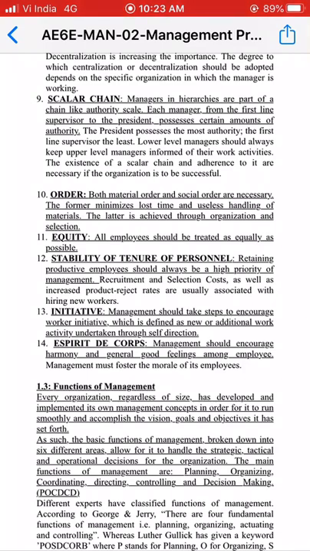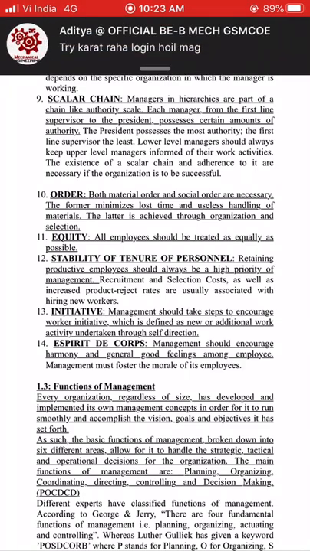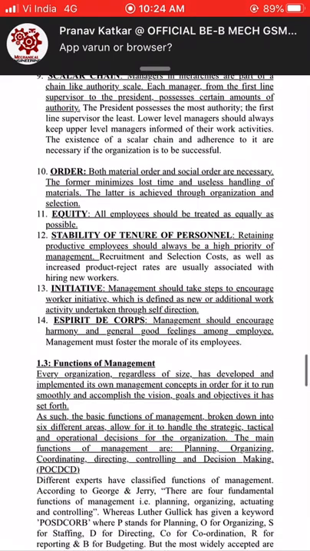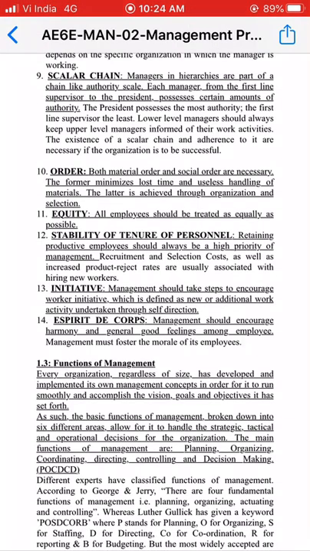Then the 12th is what? Stability of tenure of personnel. Actually, retaining stability of tenure of personnel means what? Retain the skilled person, or the highly skilled, highly educated person. It is the successful behavior for any organization.